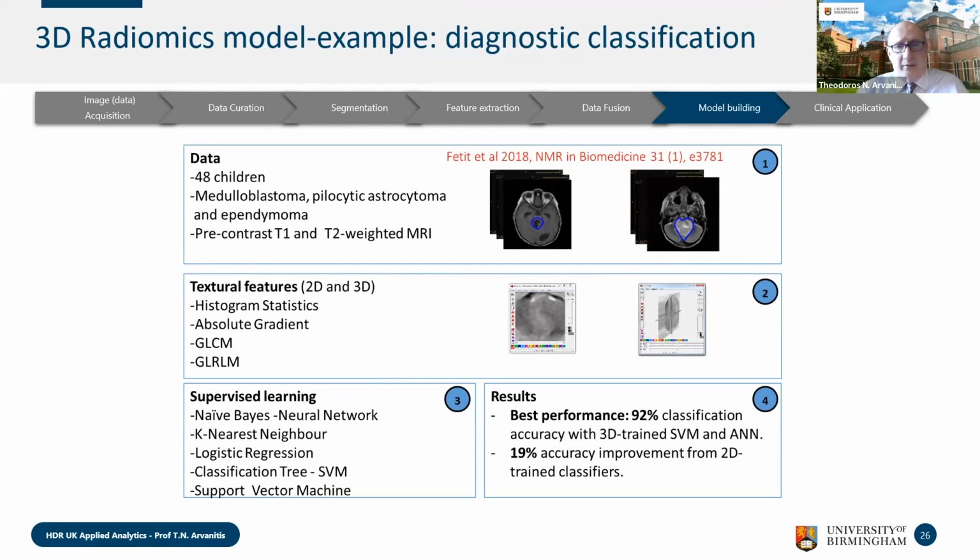And we came out that SVM and neural nets gave a very good classification performance, considering that radiology classification, visual classification, is far lower than 90%.